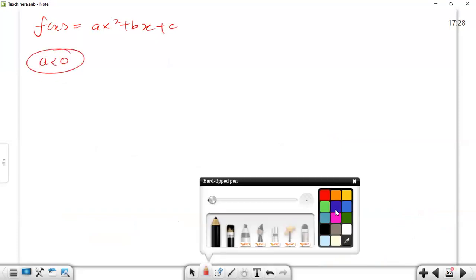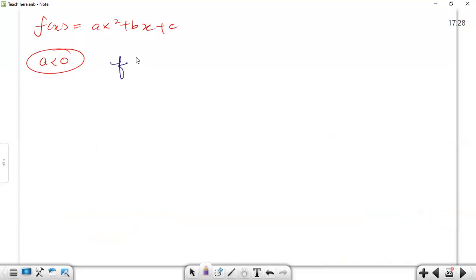In this case, discussing the function's minimum value, the parabola will be downward facing. So there is no certain point below which the curve is limited. That's why we are saying the minimum value of this function is not defined, because it is tending towards infinity.